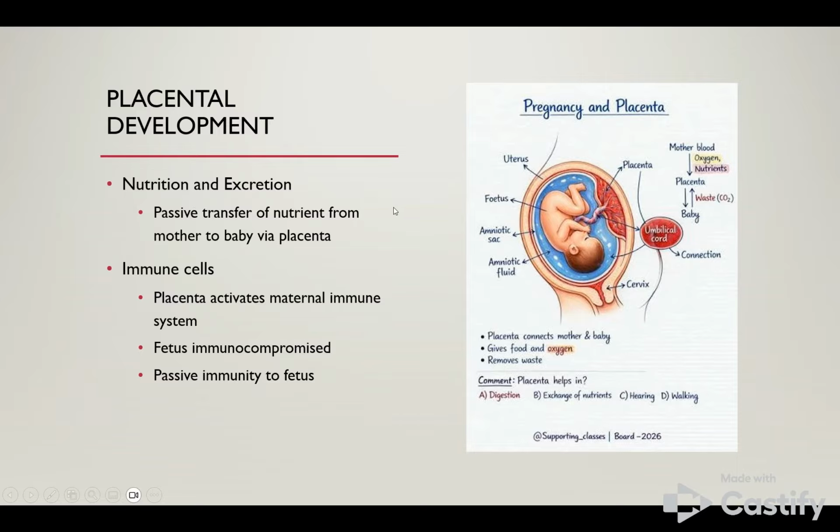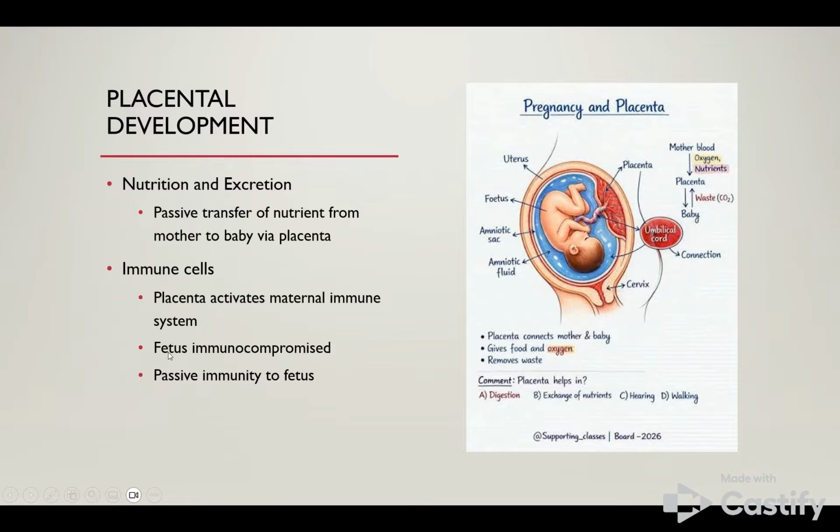So it's very important when a mother is pregnant that she has good nutrition, and she is conscious of the things that she's putting into her body, because that can affect the development of a fetus. Something else that's passed is immune cells. The placenta activates a maternal immune system, so it helps keep the mother healthy, but it also is protecting the baby.